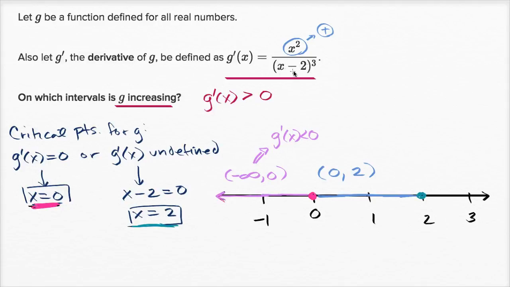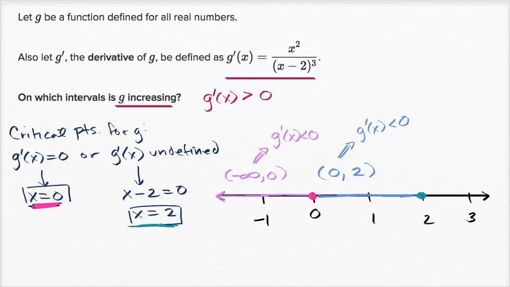We're still going to get negative values in this denominator. Take a negative value to the third power, you're still going to get a negative value. So you still have g prime of x is less than 0.